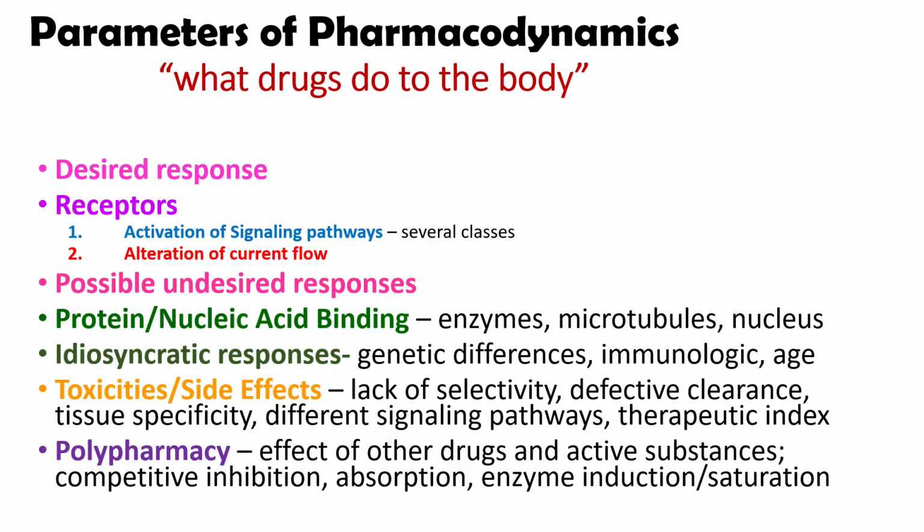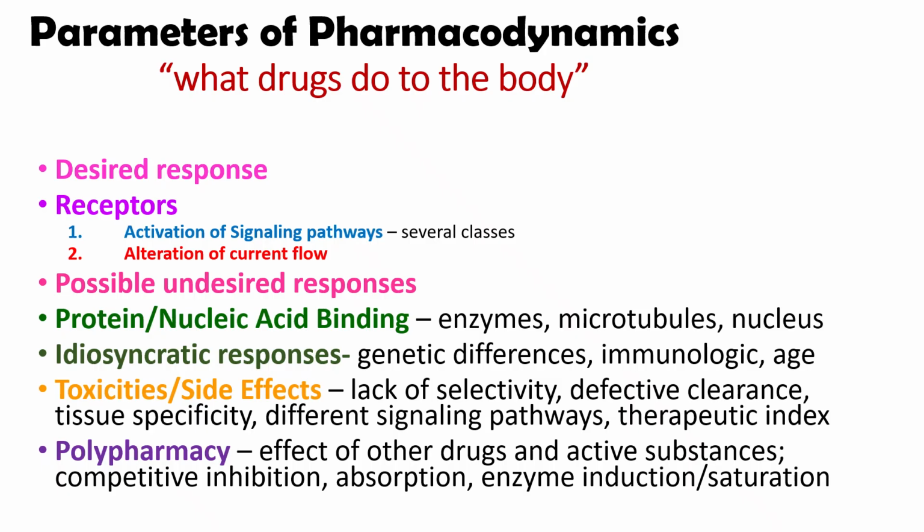Tissue specificity, like where it's being stored. Is it being stored bound to the hemoglobin in the blood, or is it being sequestered in the fat where it's staying present? And then polypharmacy. This is especially common in older adults where we're looking at drug interactions.